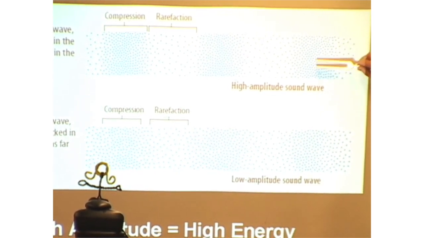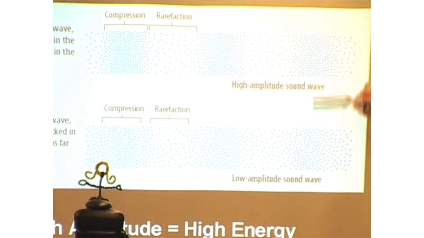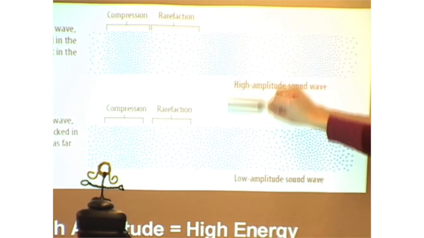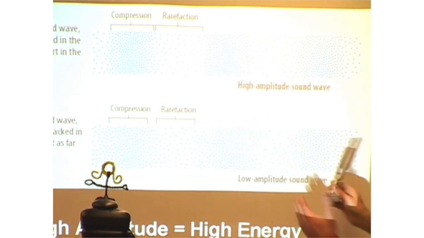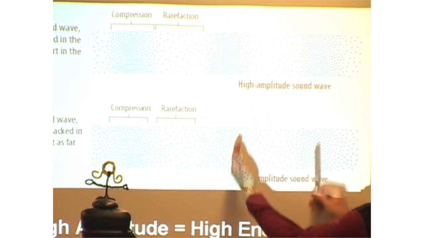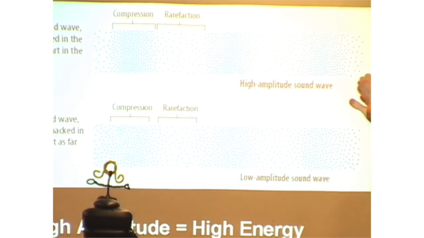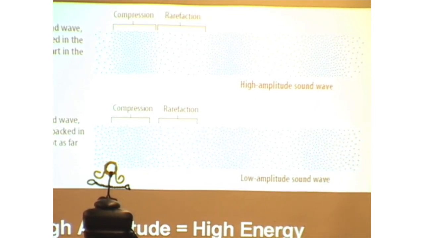How about this? Look at where the compacted part is. Look at where the rarefaction is. Now if you take the spacing of them, the wavelength is actually the same, but what's different? How compact it is. Yeah, how compact or how spread out it is.